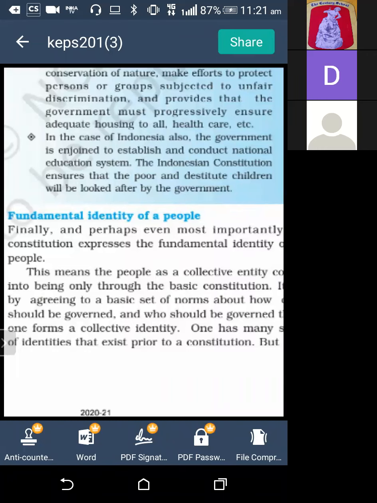For example, you have a fundamental right to free expression. Free expression doesn't mean that you abuse someone. You cannot abuse someone. Yes, you can express. For example, there are two types of parties.